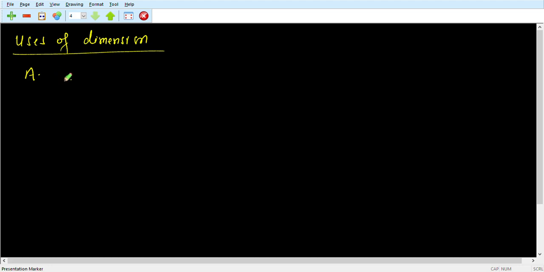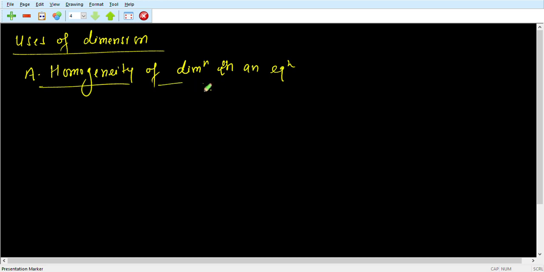This topic comes under uses of dimension, and the first use is homogeneity of dimension in an equation.